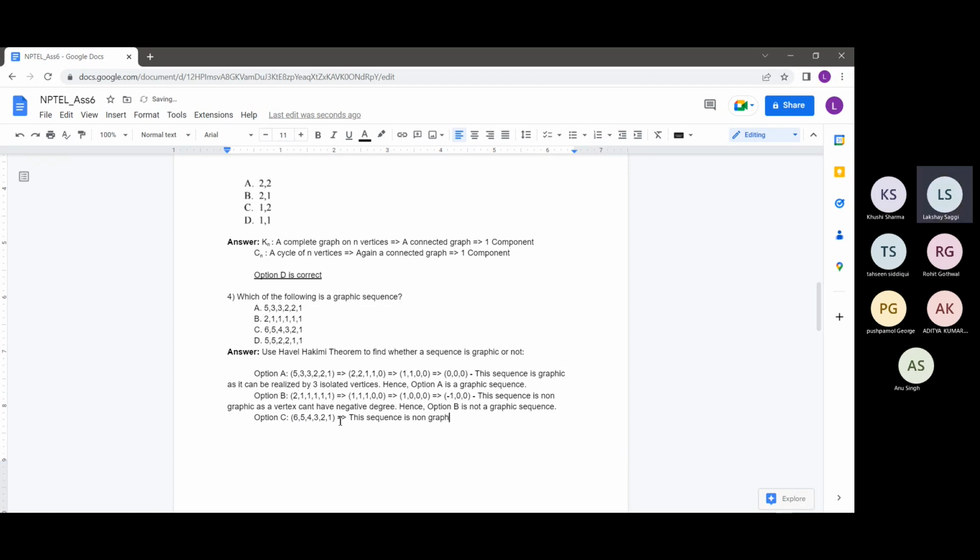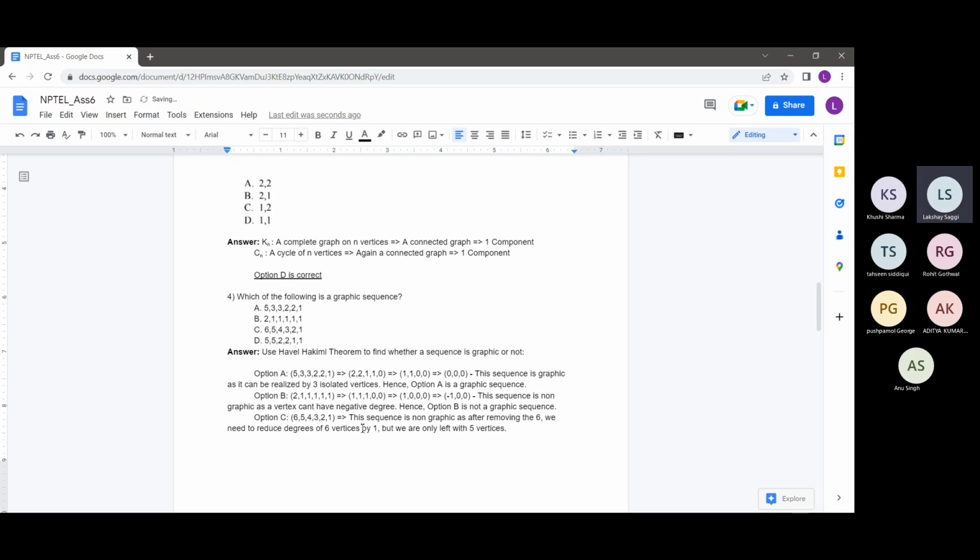Is non-graphic. Why is it non-graphic? As after removing the 6, we need to reduce degrees of 6 vertices by 1, but we are only left with 5 vertices.